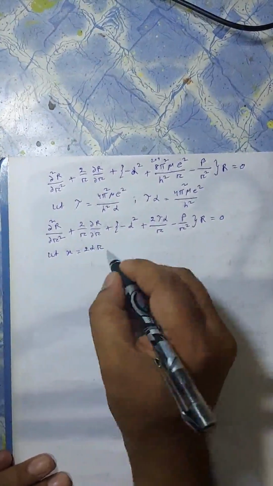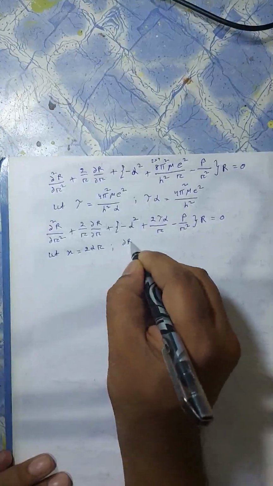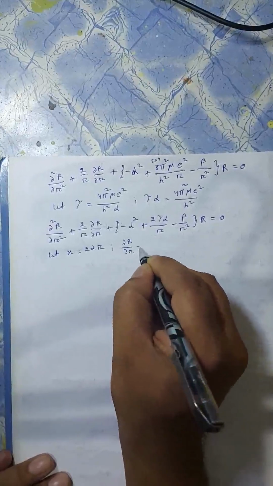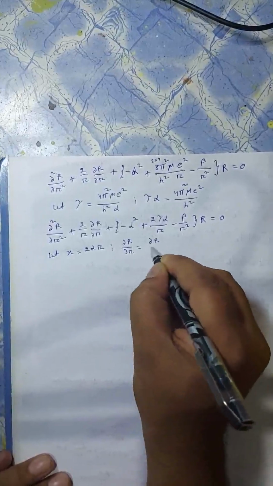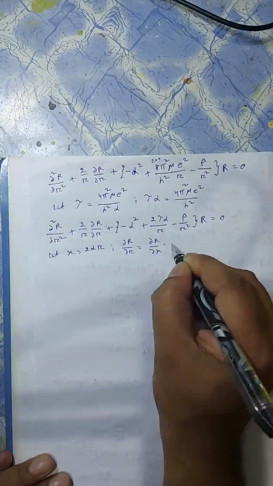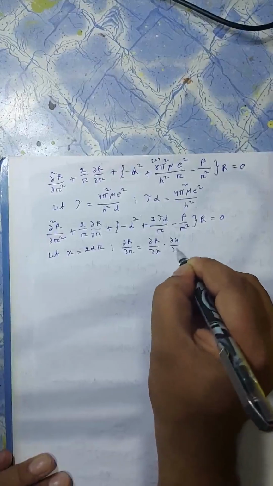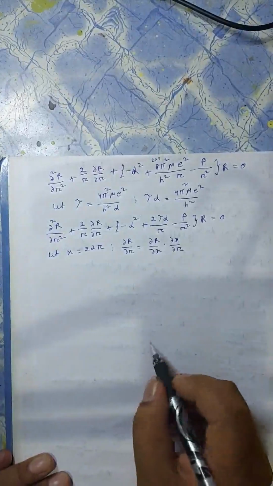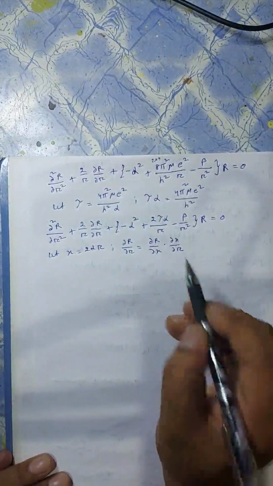Now ∂R/∂r. I can write it as ∂R/∂x into ∂x/∂r; ∂x cancels.